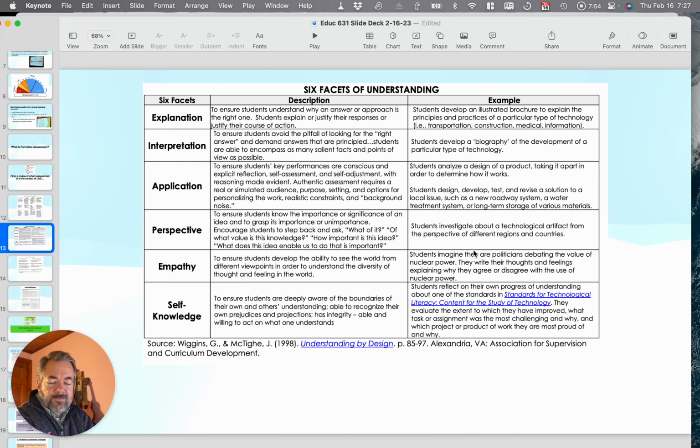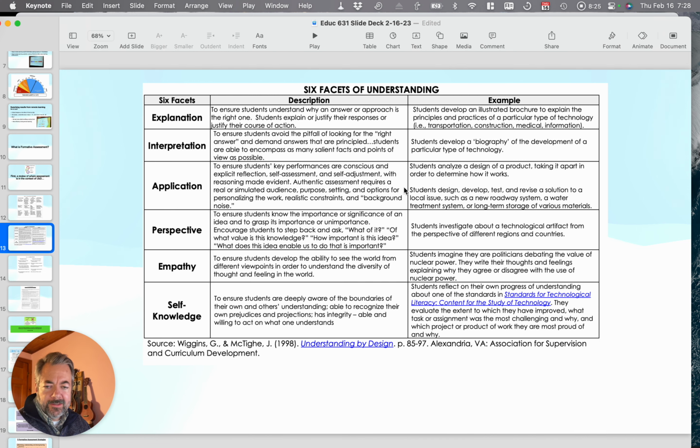If we look at the 6 facets of understanding, when we look at UBD specifically, what the authors say is that we, as teachers, should look at the 6 facets to ensure that we are doing more than the basic assessments. It's kind of a check. I've seen teachers have the 6 facets, a chart like this, as well as, say, the DOK wheel up on their wall next to their desk as they're lesson planning.